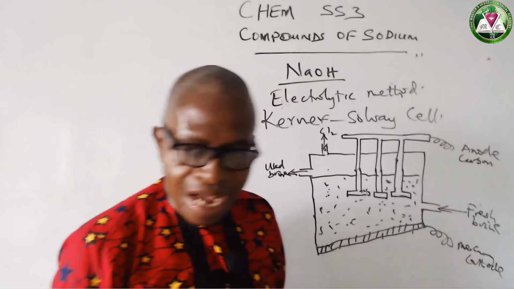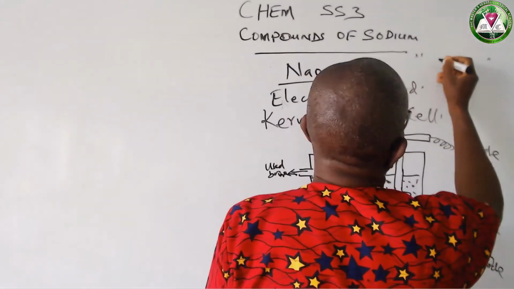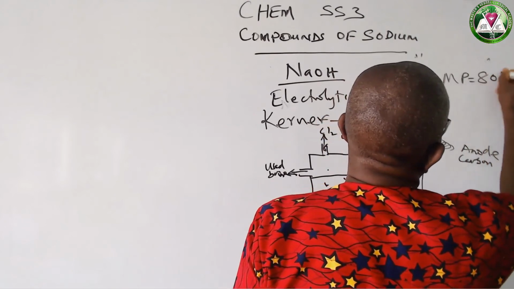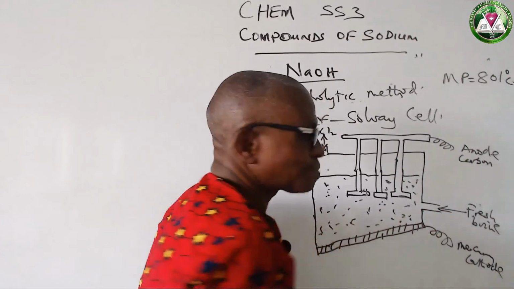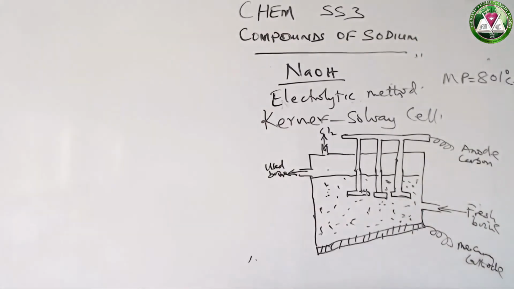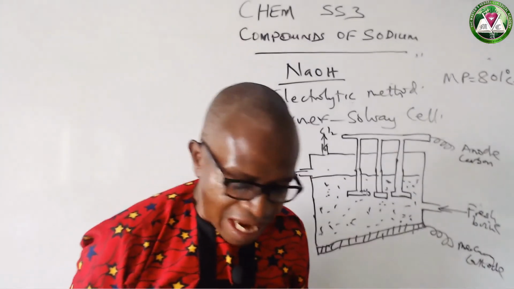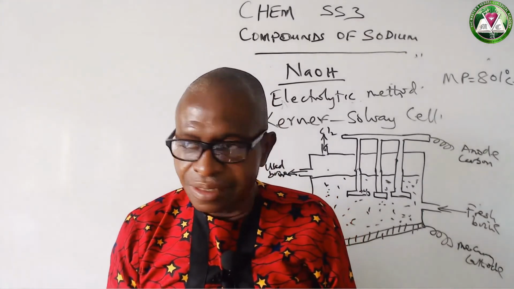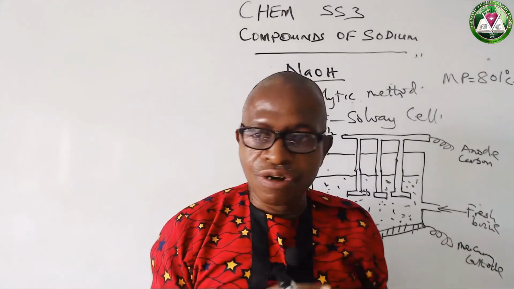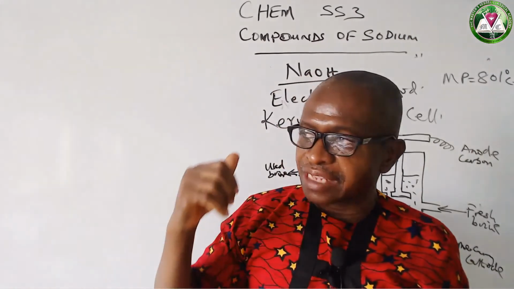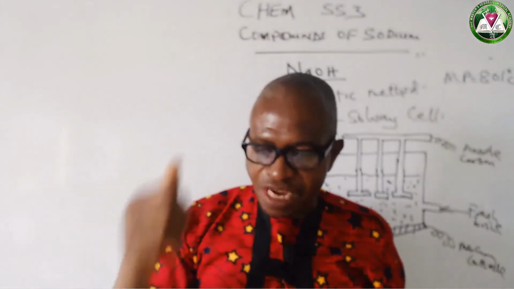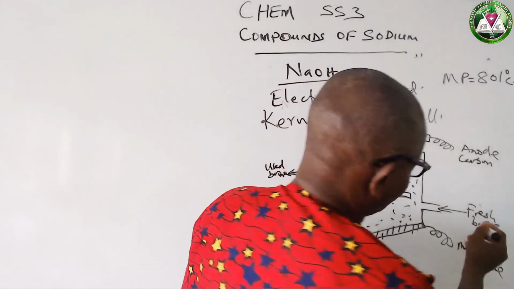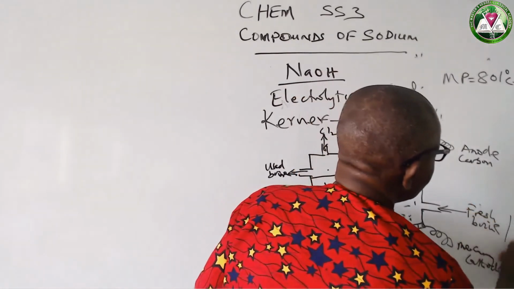You know that sodium chloride has a melting point of 801 degrees centigrade. But if you operate this process at this high temperature, the process will not be economical. Therefore, you apply your knowledge of chemistry, knowing that if you introduce an impurity to a solid, it will reduce the melting point. So this brine is mixed with calcium chloride.